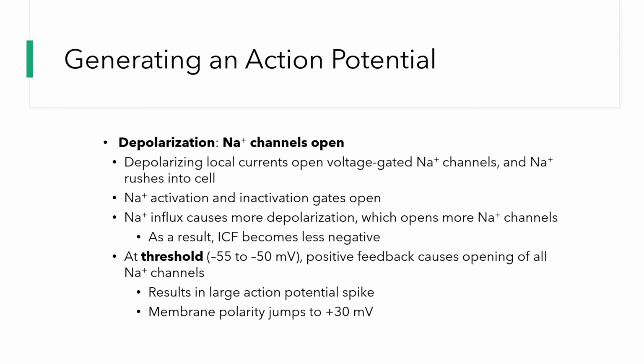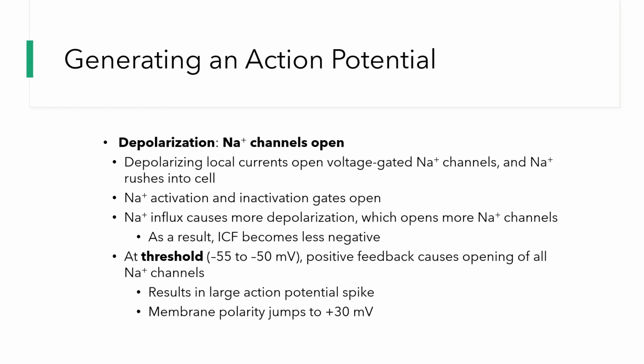which opens even more sodium channels. And this, as a result, makes the inside of the cell, or the intracellular fluid, become less negative. Okay, and so becoming less negative is that depolarization.